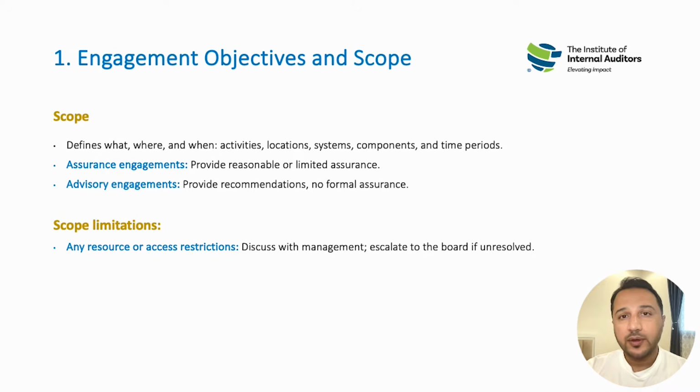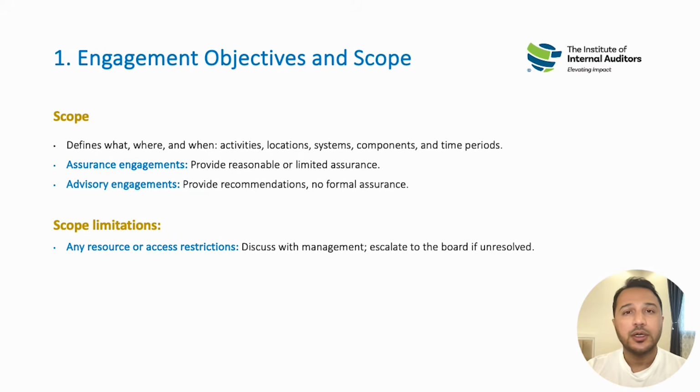In terms of an advisory engagement, there could be agreed-upon activities that we can perform. Either this has been mandated by the audit committee, or sometimes requested by management and endorsed by the audit committee.